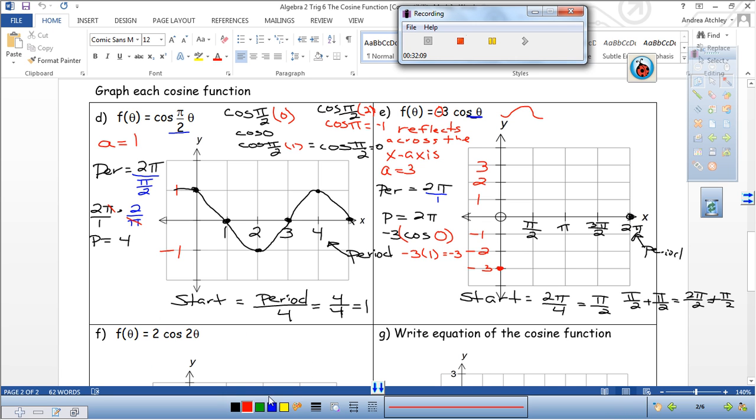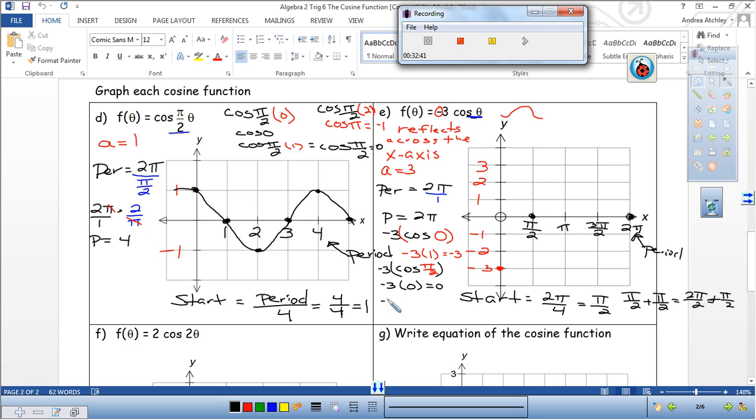Then we go to pi over 2. So we get negative 3 times the cosine of pi over 2. Cosine of pi over 2 is 0. So negative 3 times 0 is 0.